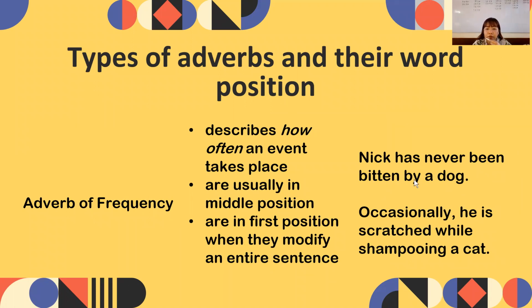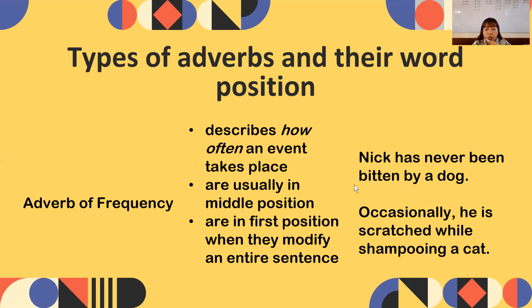How often has Nick been bitten by a dog? Never. So we place your adverb never in the middle of your auxiliary verb has and your main verb been bitten. Diyan siya inserts auxiliary verb, and before ang main verb, insert mo yung adverb of frequency.